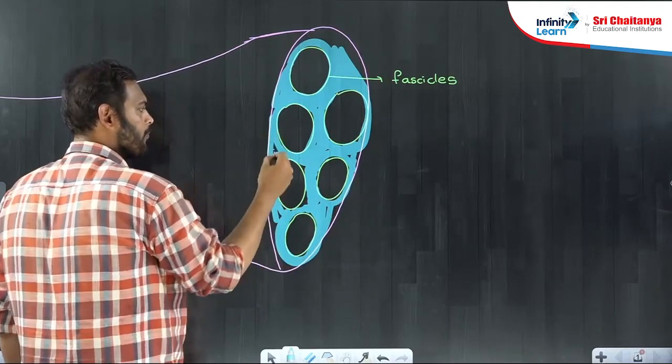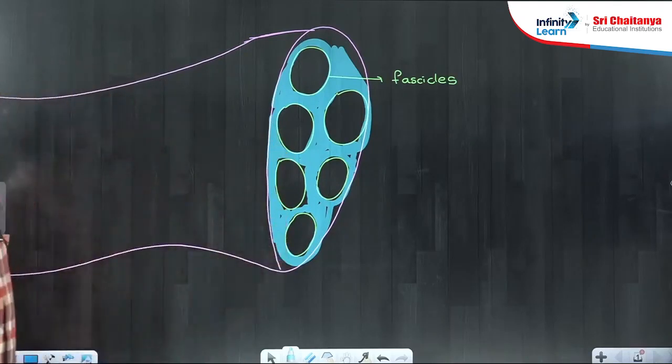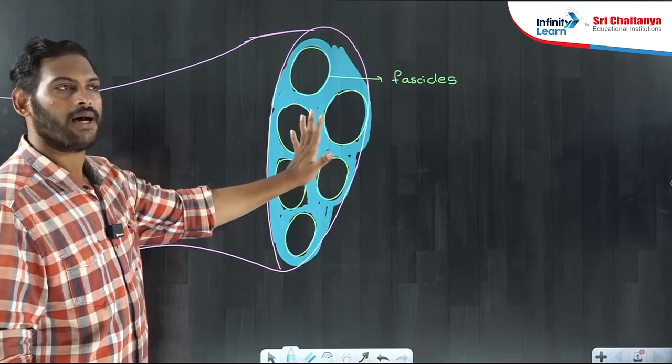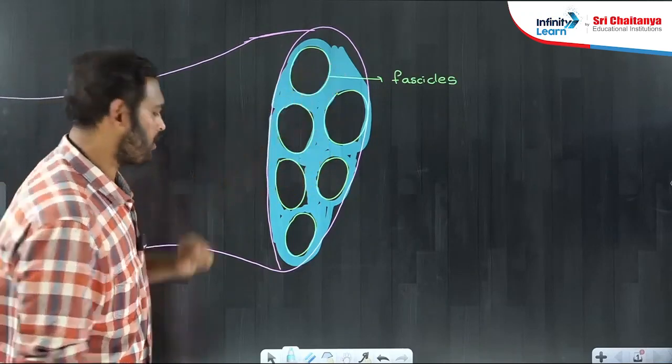This is fascia. Okay. So fascicles are embedded inside fascia.